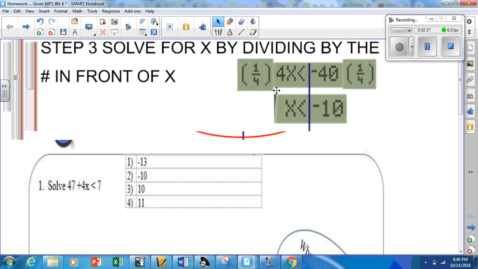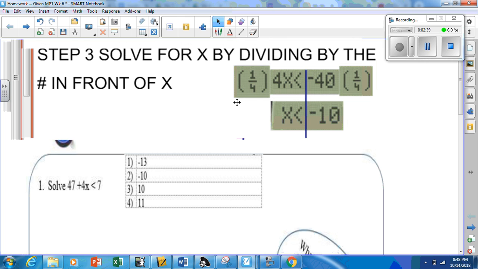Now I have to solve for x. How do I do that? Well, whatever number is in front of the x, if I divide by that, I'm going to get x by itself. Or whatever the number is in front of the x, we take its reciprocal and multiply. That's the case here.